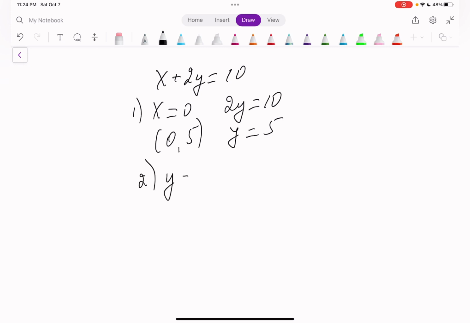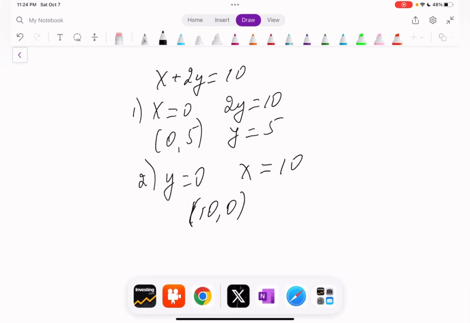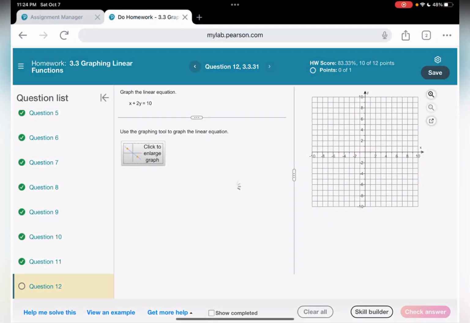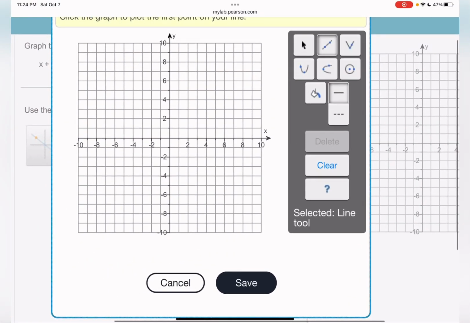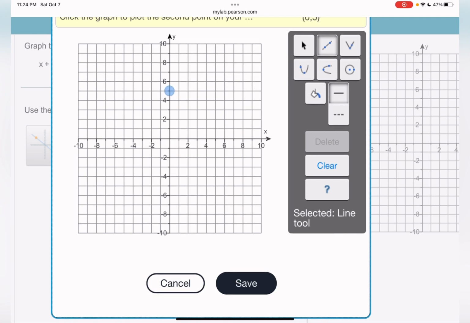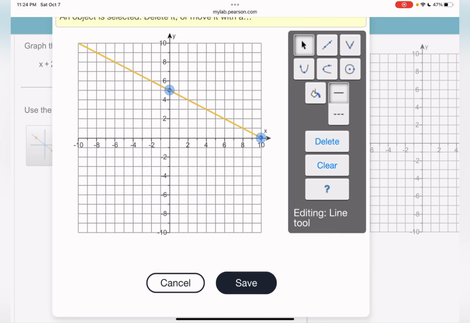Second, y is equal 0. X is equal 10 because y will be 0. And it's going to be 10, comma 0. 0, 5 and 10, 0. There we go.